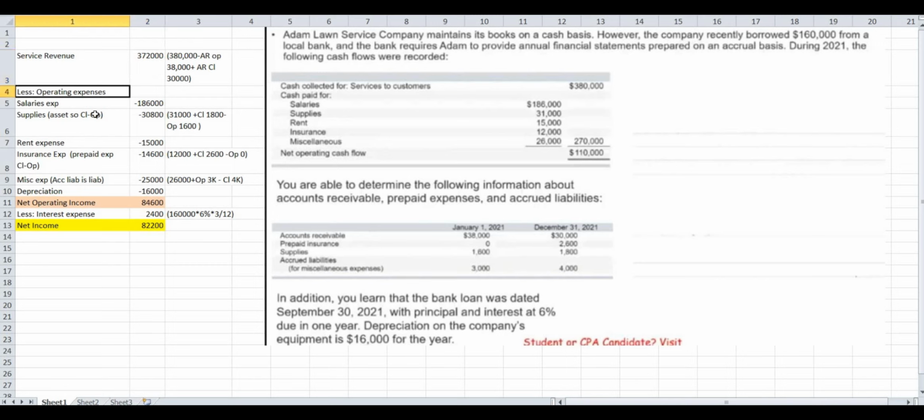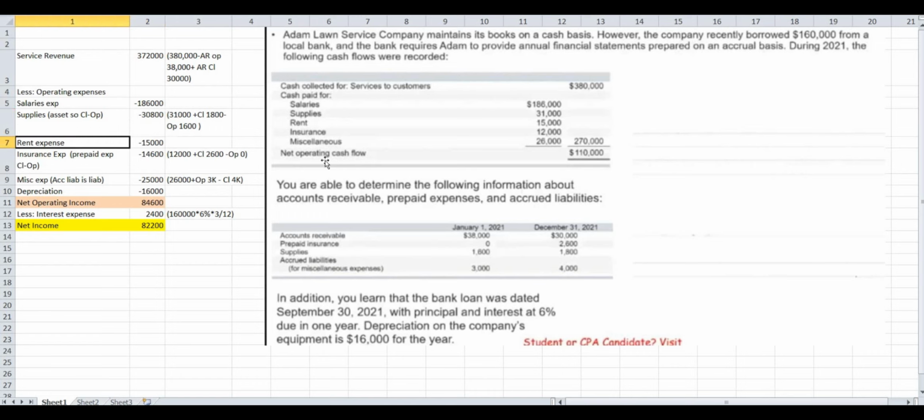Less we need to deduct all the operating expenses: salaries 1,86,000, then supplies have an adjustment. Supplies is considered as an asset, so closing less opening. So we need to add 31,000, add closing 1,800, deduct opening 1,600. It comes to 30,800.